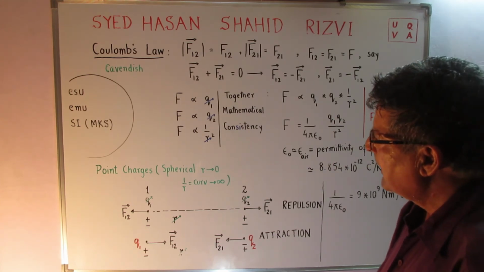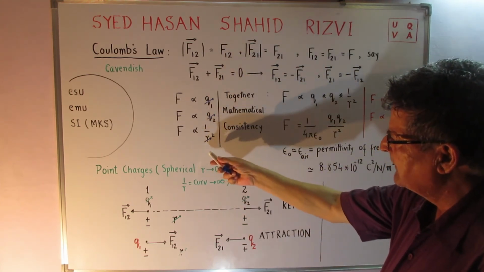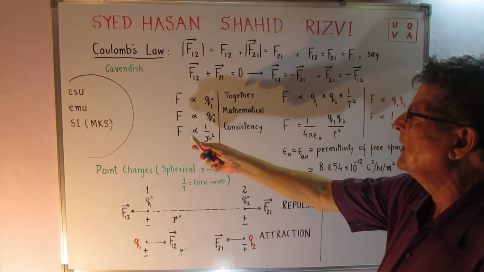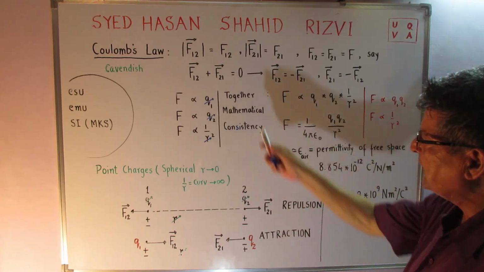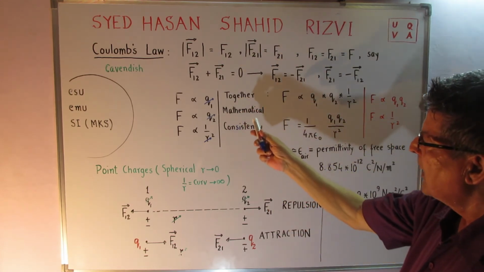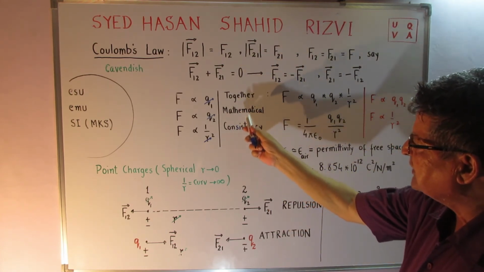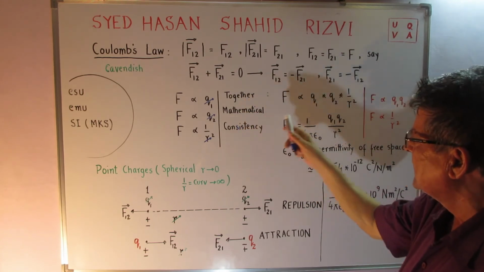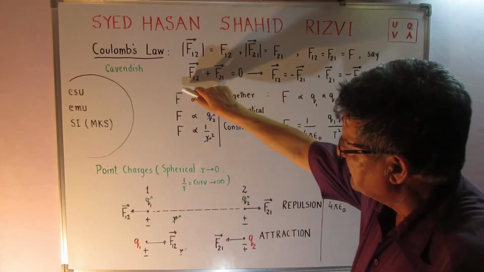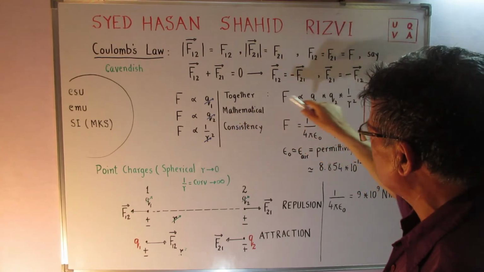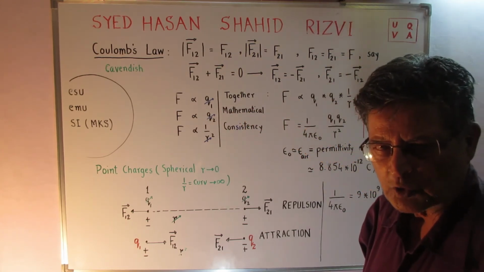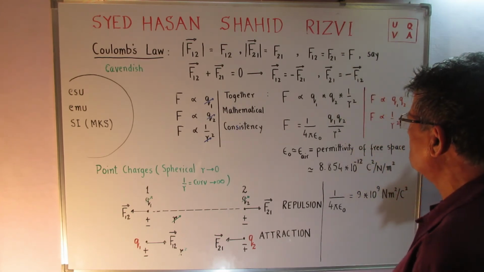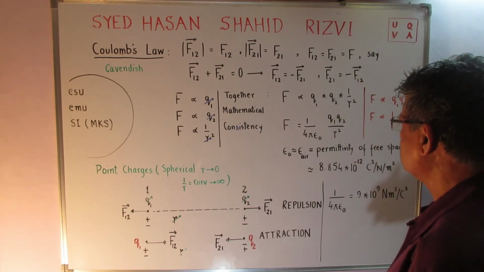So when we have, as I told you, a function of many variables, putting together the mathematical consistency tells us that this variable on the left hand side will be proportional to the product of all these three variables. So Q1 multiplied by Q2 multiplied by 1 upon R squared.